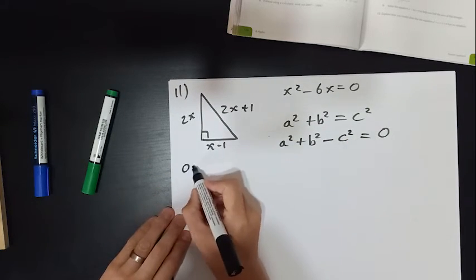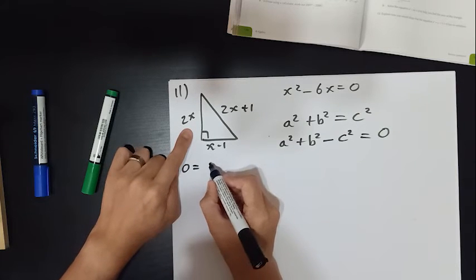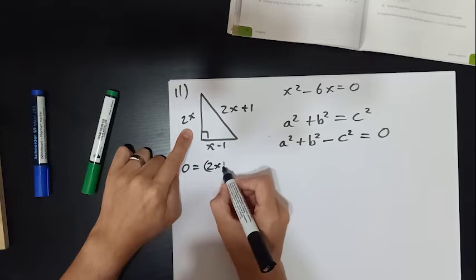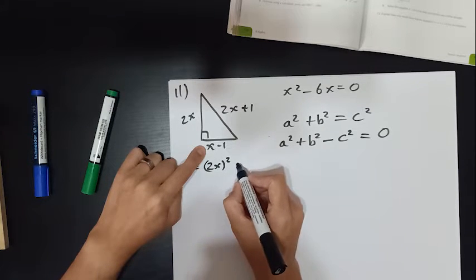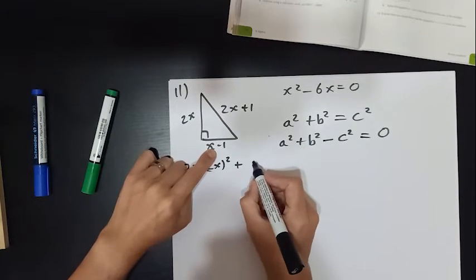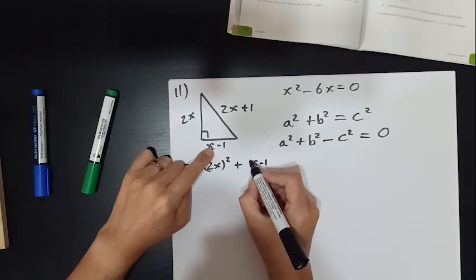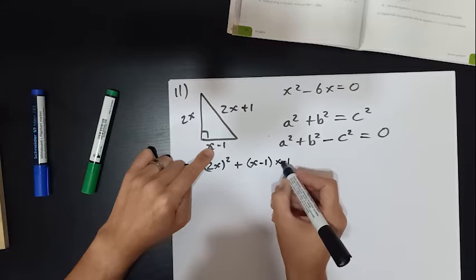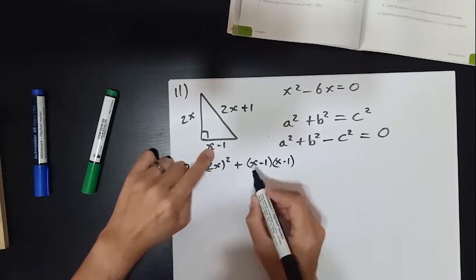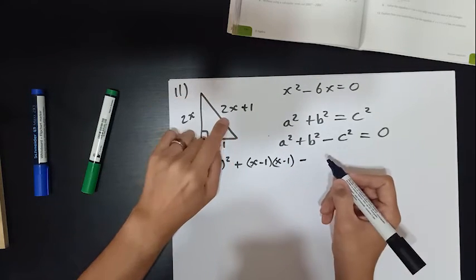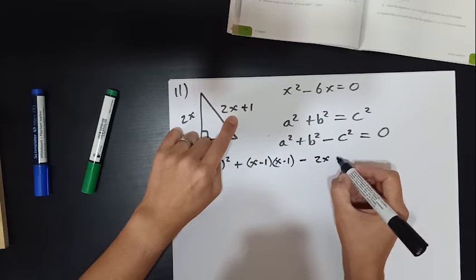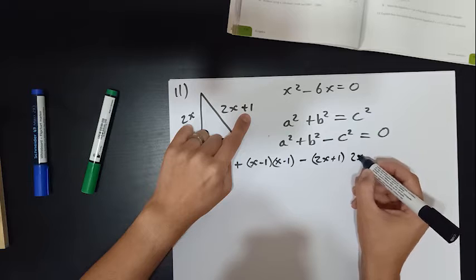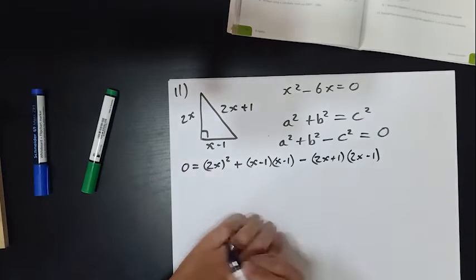So 0 equals 2x all squared plus x minus 1 times x minus 1, so that's that squared, minus 2x plus 1 times 2x minus 1.